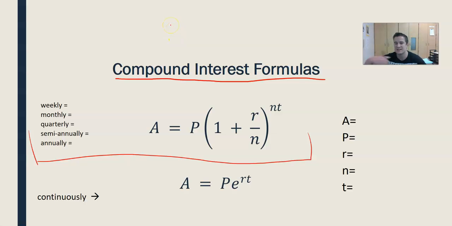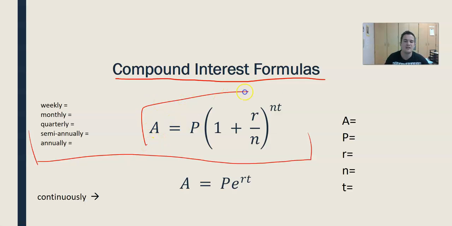When you go to the bank, sometimes they'll say, okay, here's your investment account. We compound interest monthly, or bi-weekly, or annually or quarterly or whatever. That's how often your interest is being compounded: how often during the year that they crunch their numbers and compute and add on a certain amount of interest to your account.